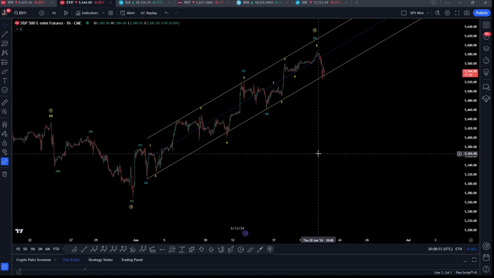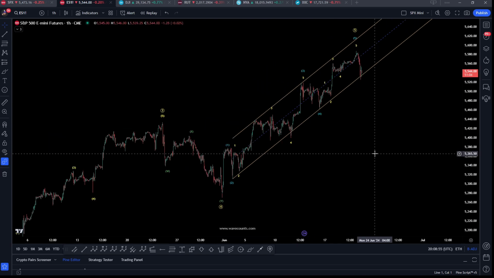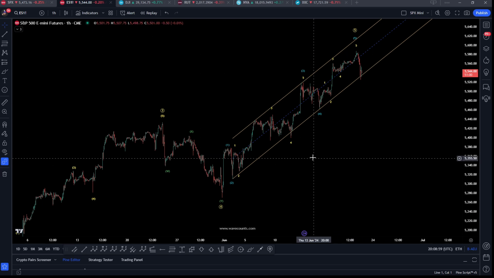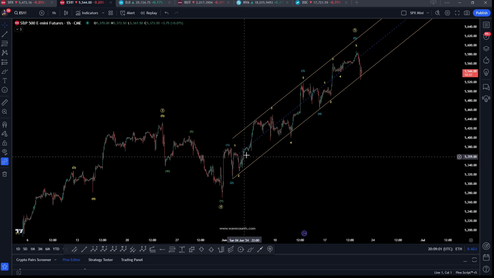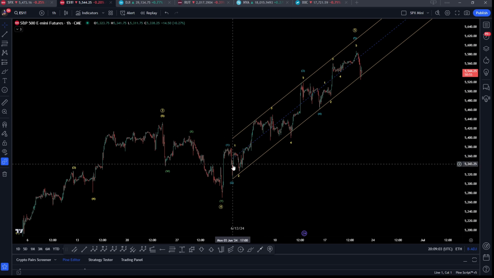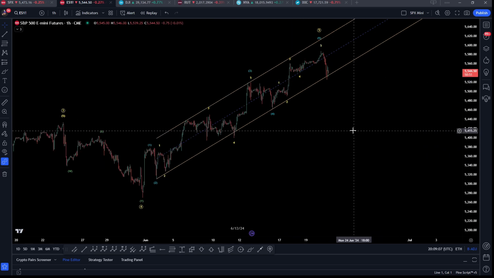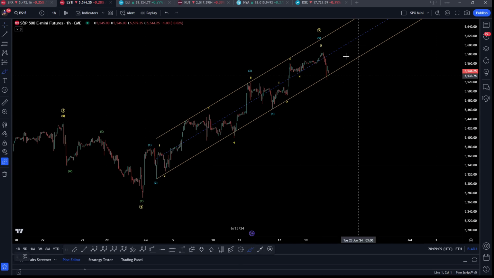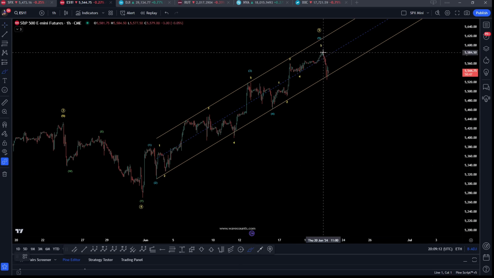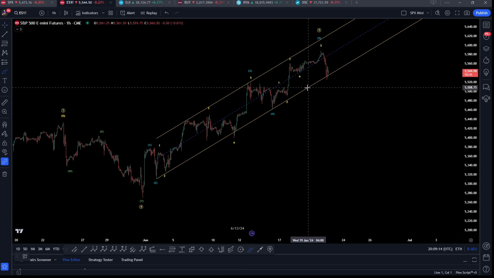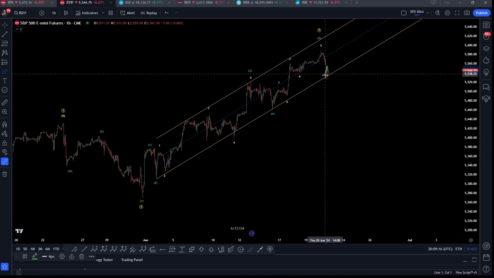And I'll say again that most impulse waves contain one and only one extension. Third wave is extended in this final 5th wave. Some things that will tell us an early indication that this is over is that this impulsive channel breaks.